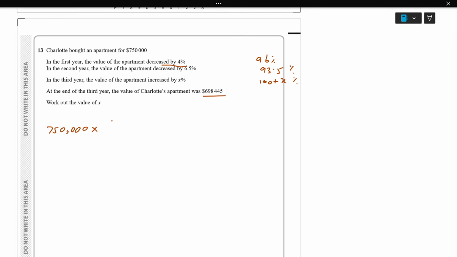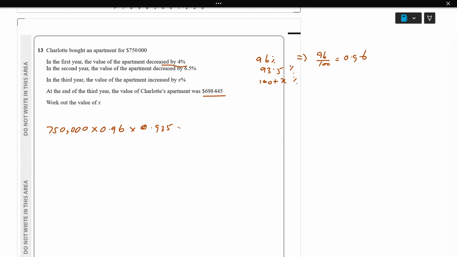So first, 750,000. The first year it decreased to 96 percentage, which is 96 over 100, which is 0.96. First year 0.96.